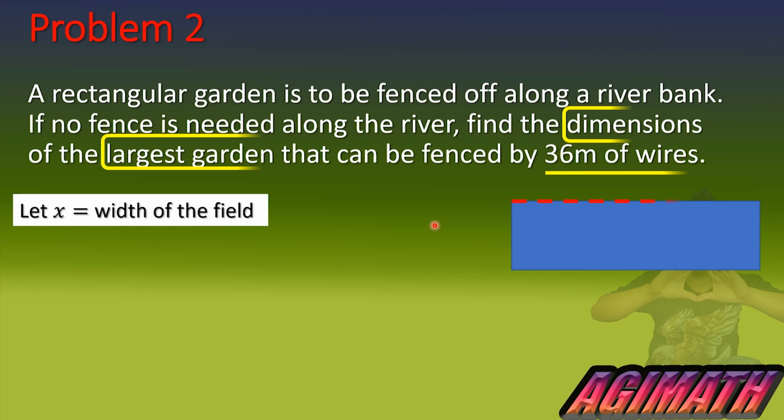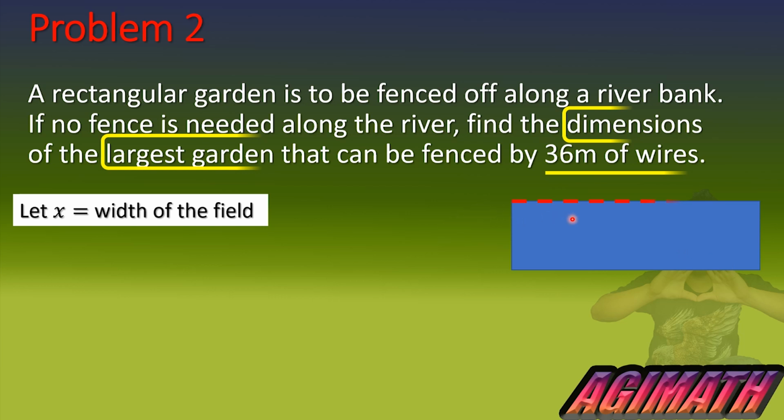We cannot use the same method in problem number 1 because in problem number 1, the 60 meters that is being given is the perimeter. So we can relate perimeter with the length and the width, but this time 36 is not the perimeter. It is just the length of the fencing material for these sides, the 3 sides. So we cannot use the formula for perimeter.